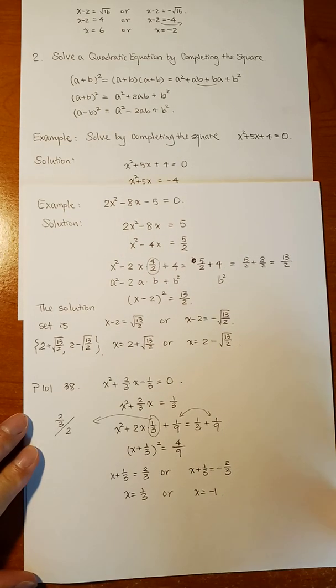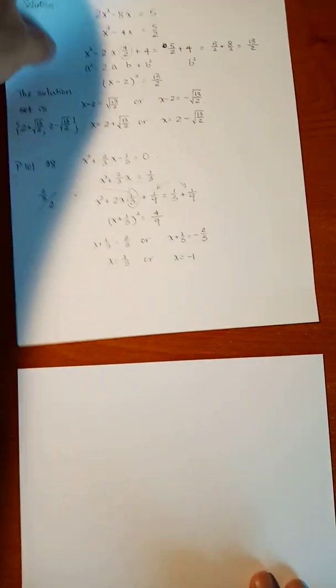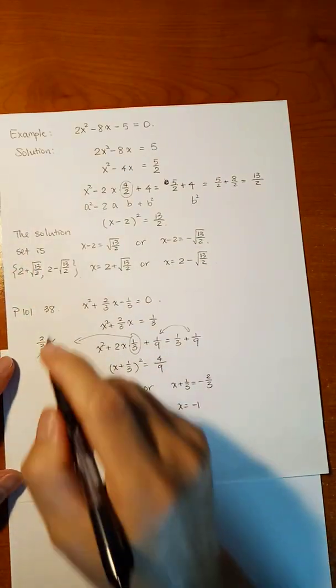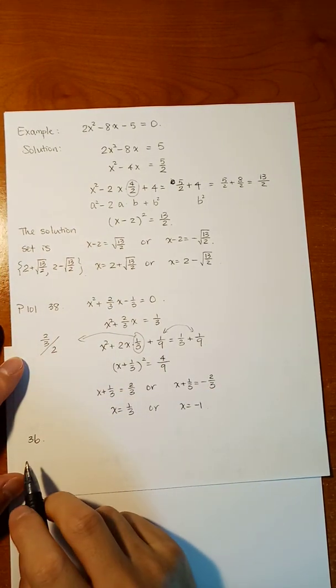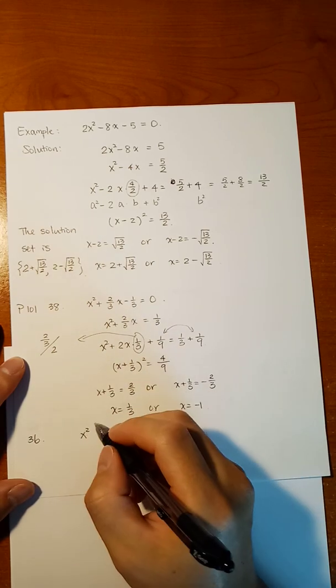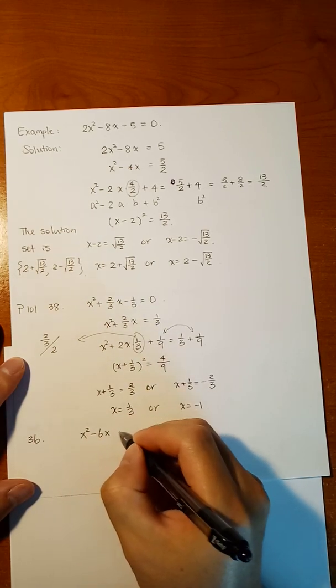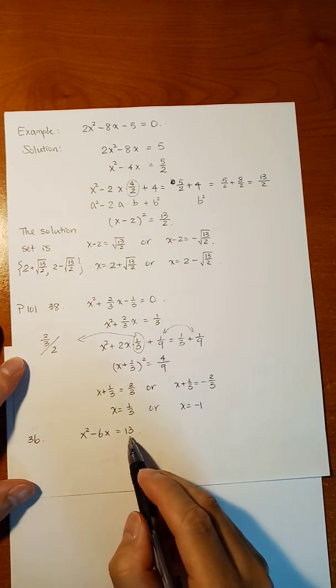Okay, let's do one more example. This is 38. Let's see, 36. I'm trying to select the even number because they do not provide answers for the even number. Okay, x squared minus 6x is equal to 13.